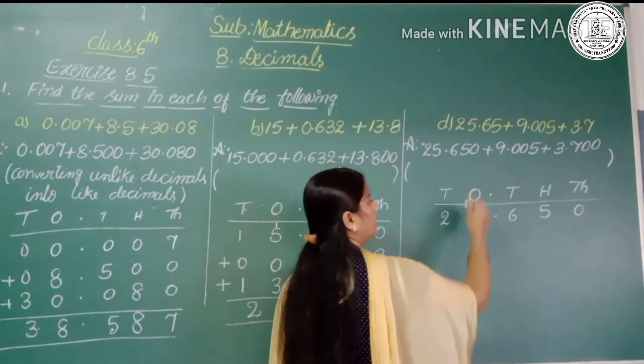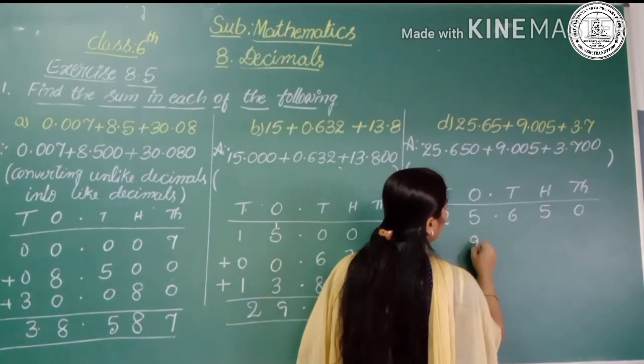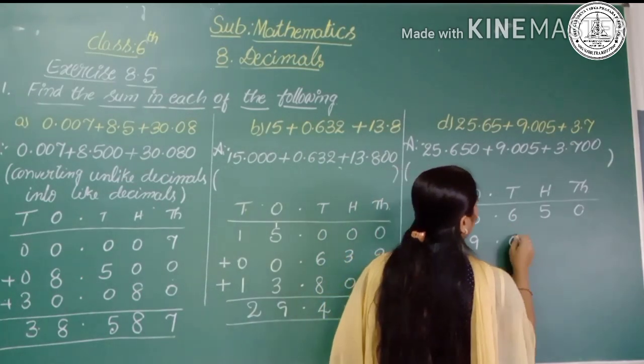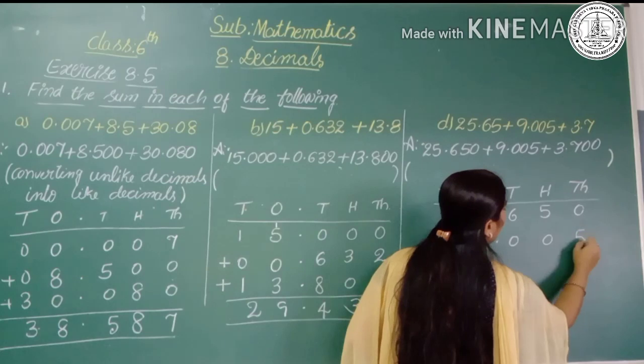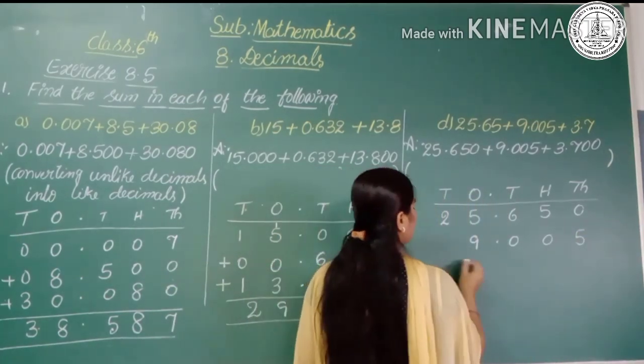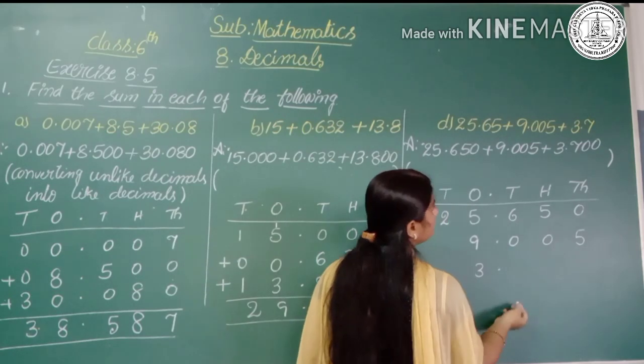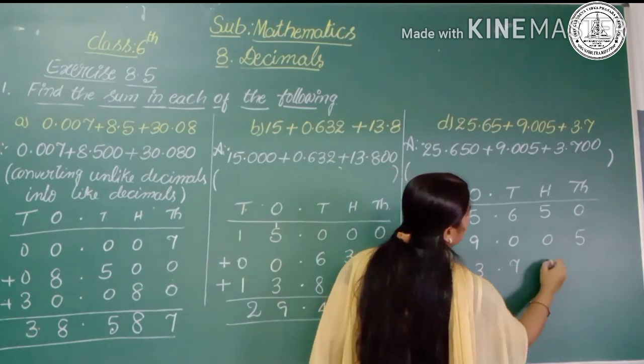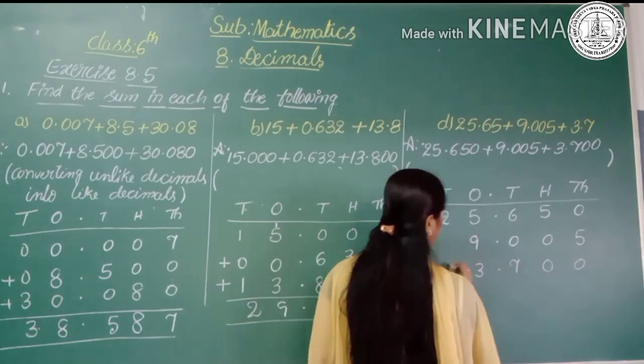Then the second number, 9 ones, point, 0 tens, 0 hundreds, and 5 thousands. Okay. Then the third one is 3 ones and 7 tens, 0 hundreds, and 0 thousands.